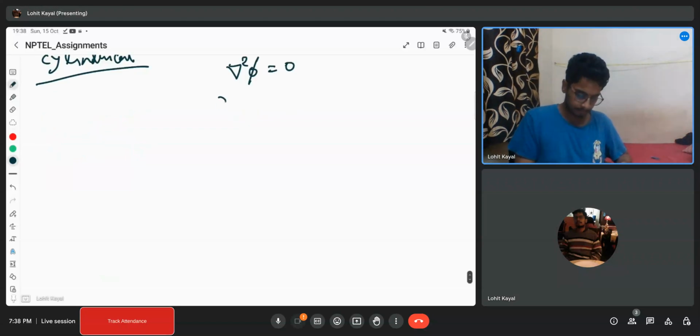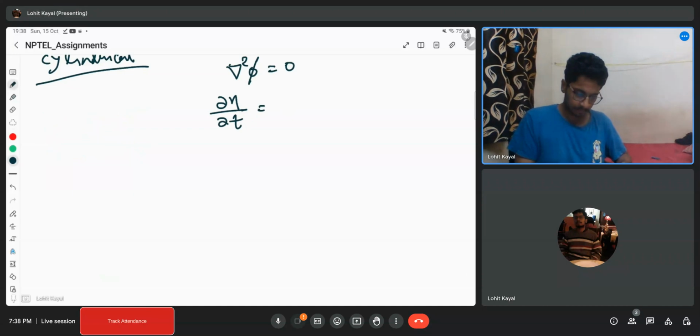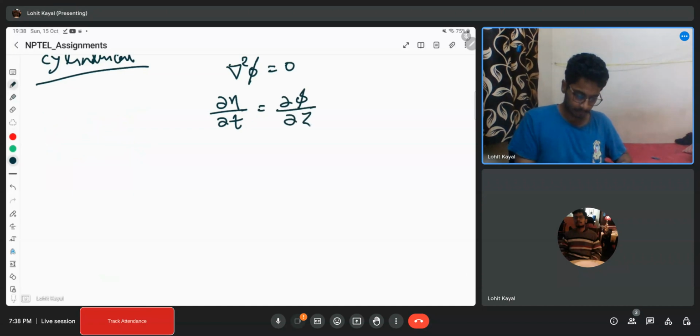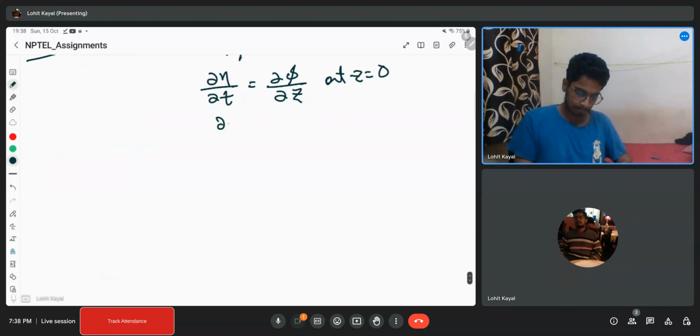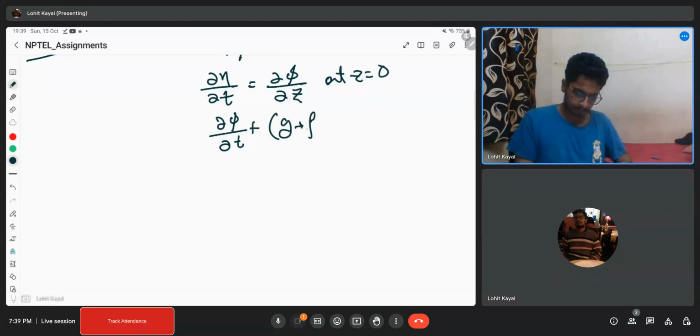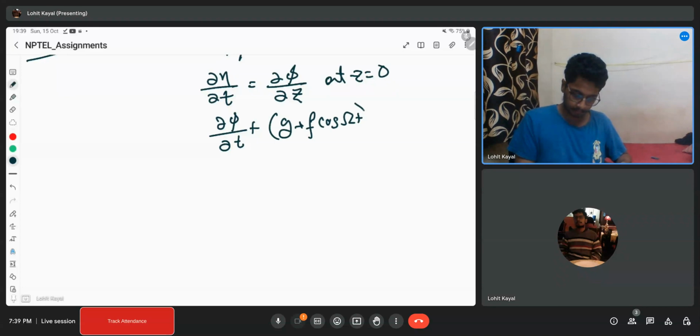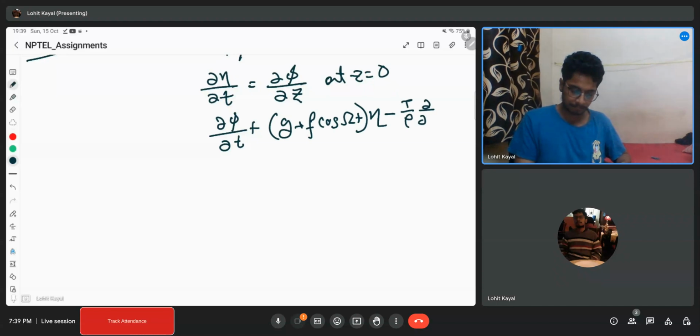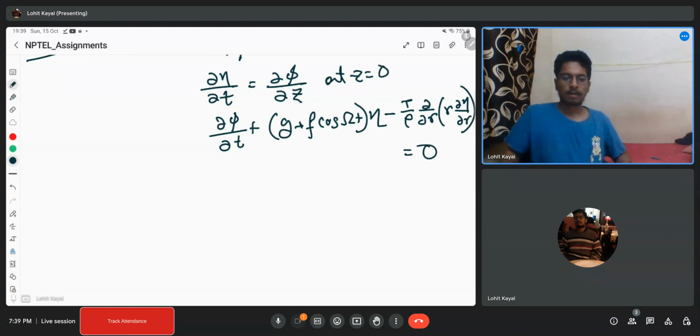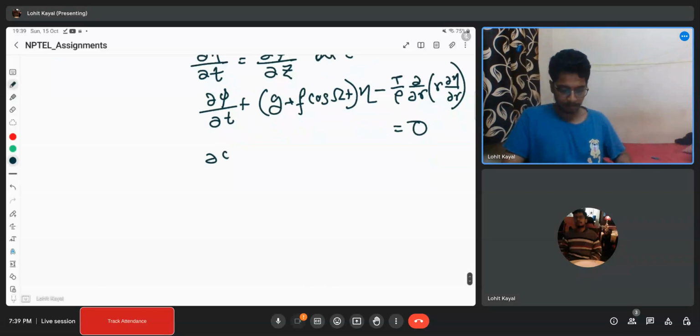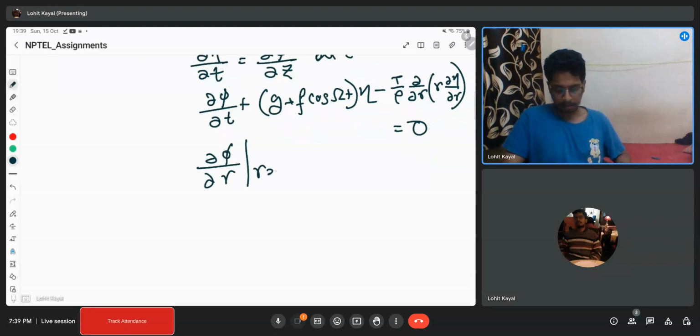equal to 0. And del phi by del r at r equal to r naught equal to 0.